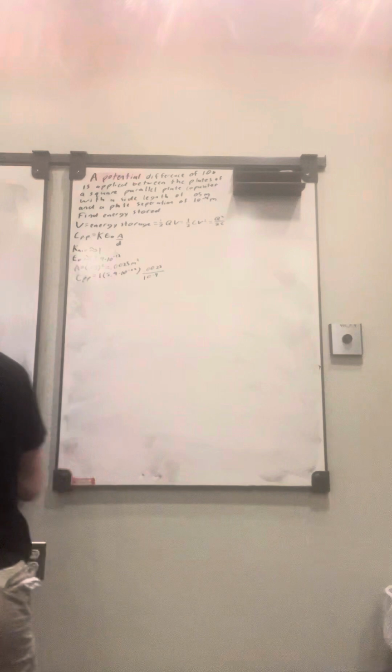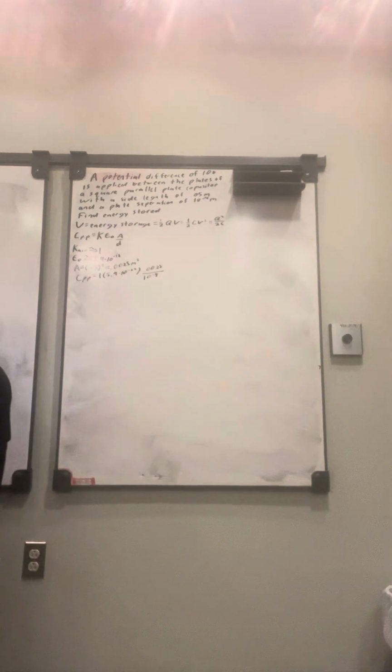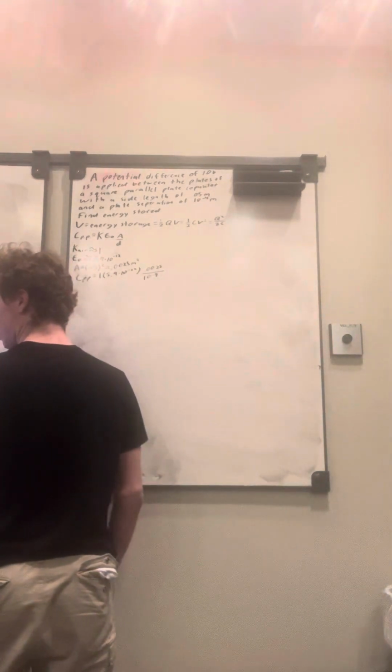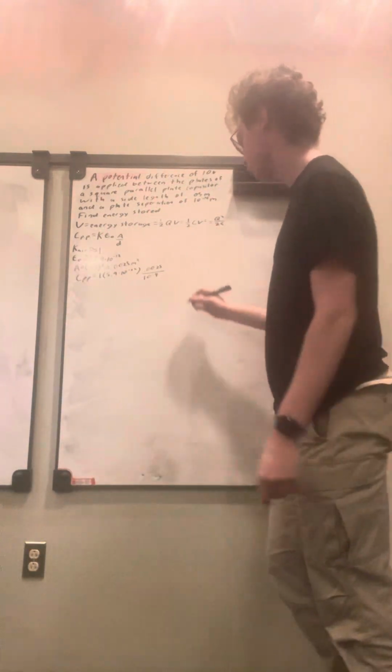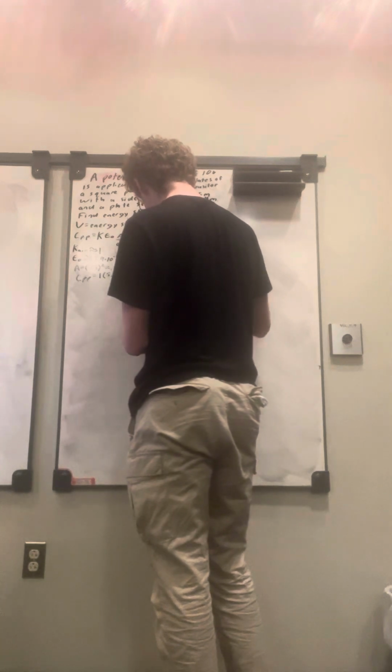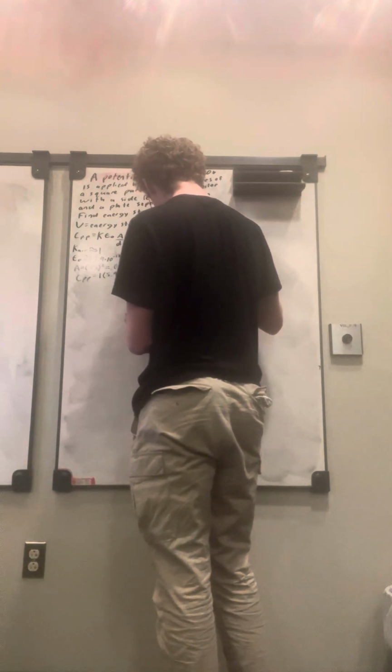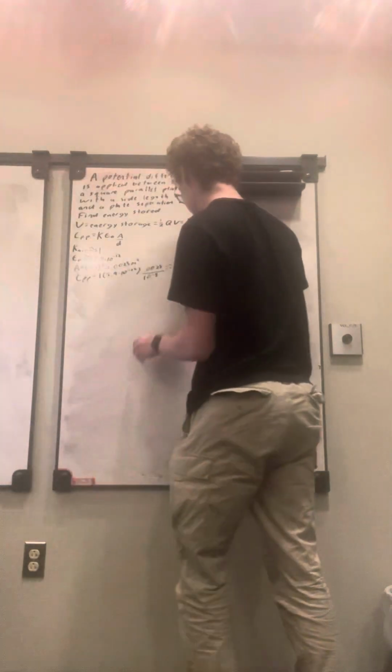So if we plug that into our calculator, 8.9 times 10 to the negative 12 multiplied by 0.0025 divided by 10 to the negative 4, we should get a value of 2.225 times 10 to the negative 10, which, rounding to two significant figures, comes out to 2.23 times 10 to the negative 10.